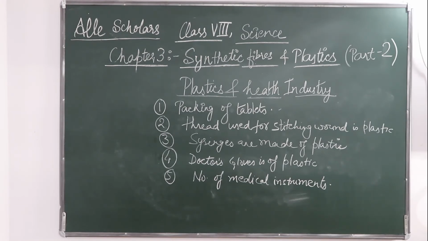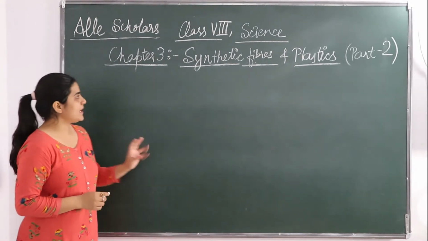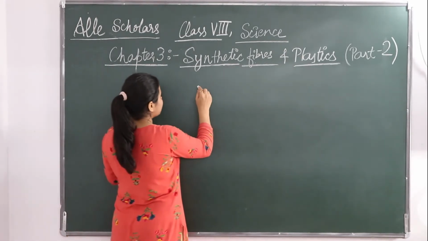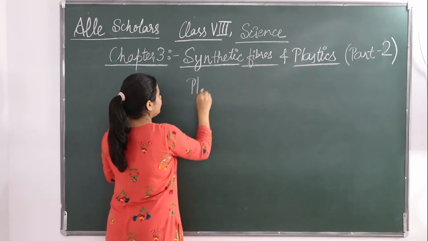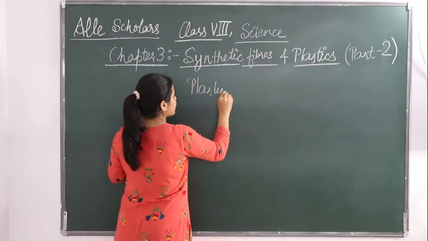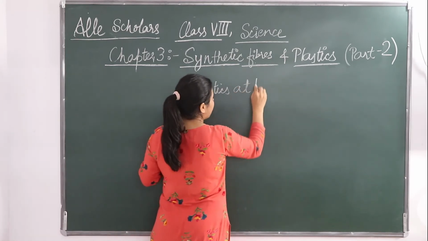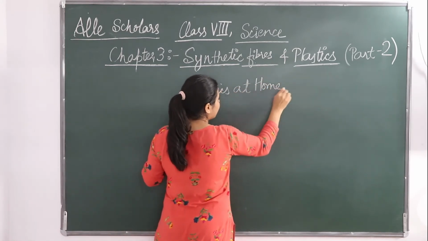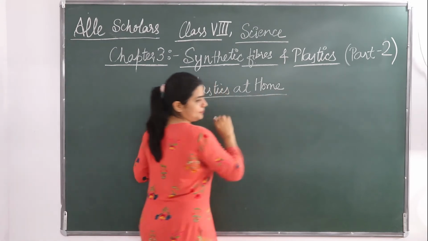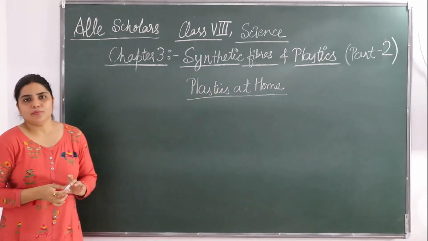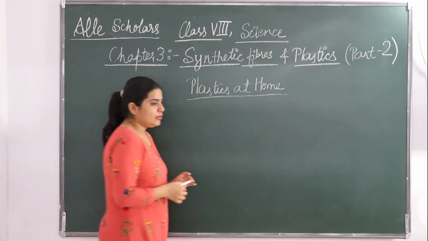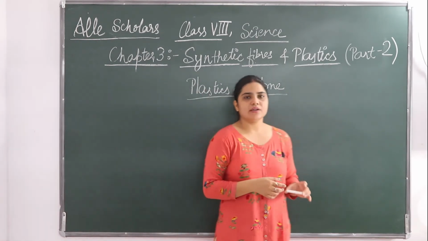Okay. So we have seen how plastic is used in the medicinal industry. Now we will see how these plastics are used at our house or at our home. Okay. So you must have heard about the microwave. You must be using it also.